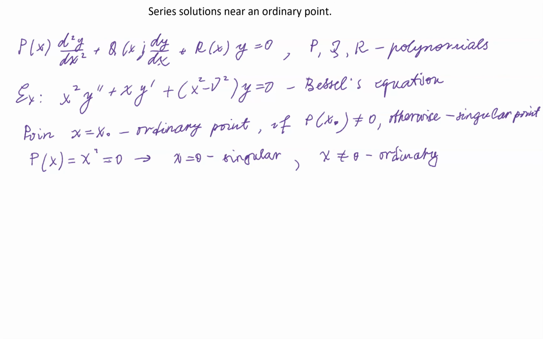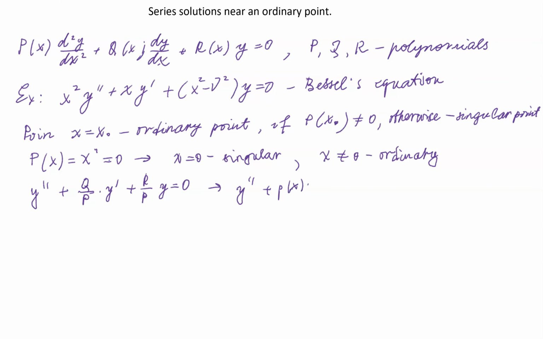Okay, so what we can do for an ordinary point, we can divide our equation by p of x. So we can write it like this: second derivative y plus q divided by p, first derivative y, plus r divided by p, y equals 0. And rewrite it in a more familiar form: second derivative plus p of x, first derivative, plus q of x, y equals 0.